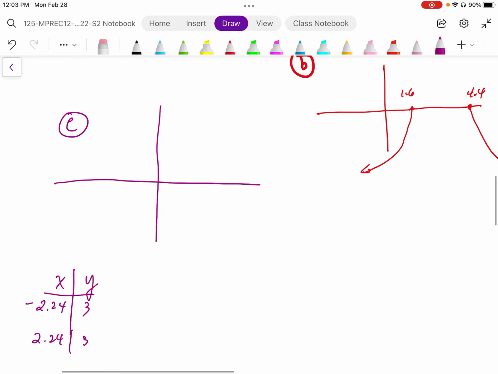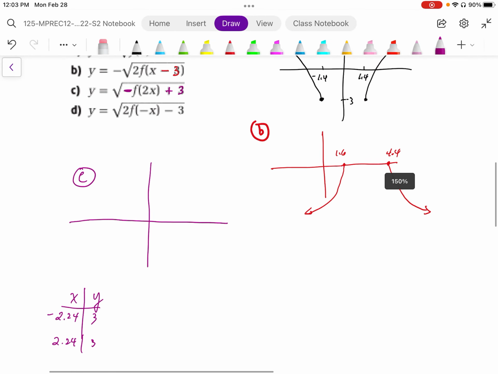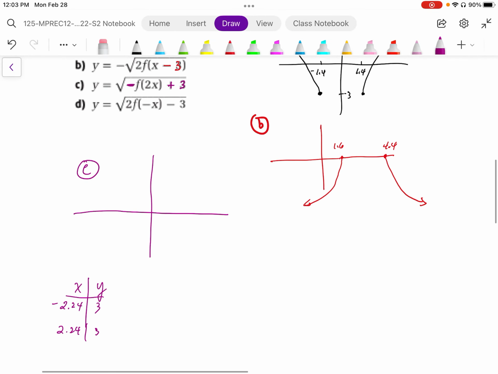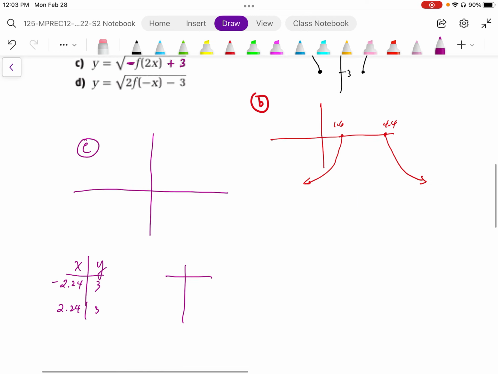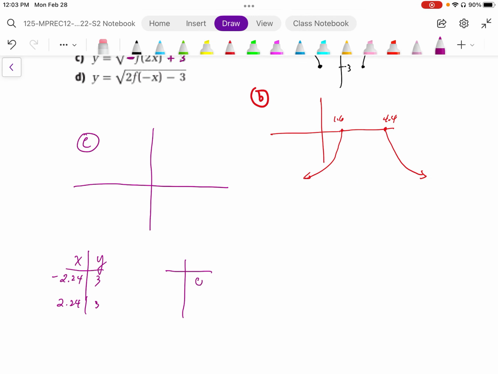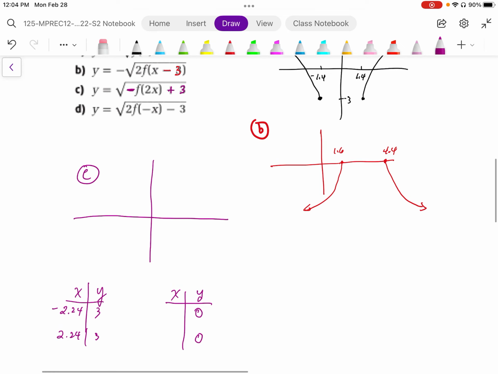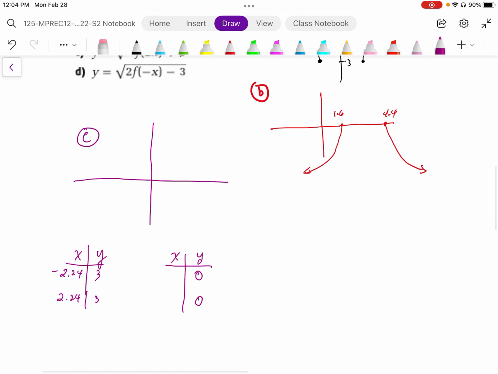Okay, and we're going to transform these coordinates. So I want to know what happens to this. I want to flip it and shift it up 3. That's going to get me to my zeros here, and that's going to give me the reference points where I can start graphing it. It's also been horizontally compressed by 2, so I'm going to take those coordinates and compress them by 2.